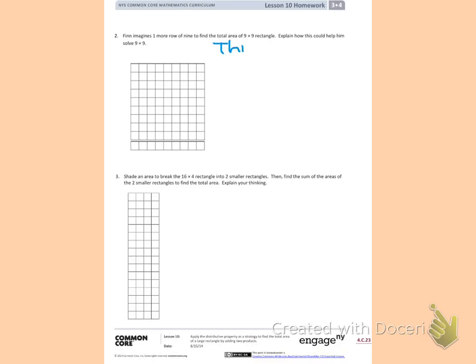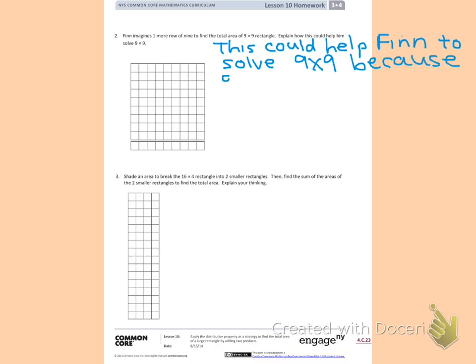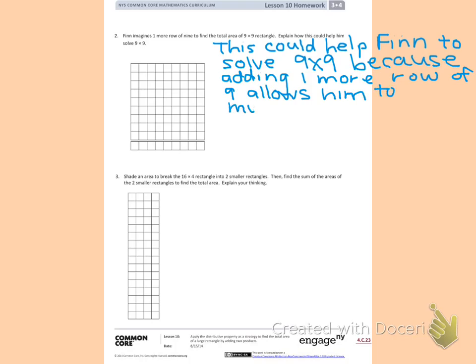So, this could help Finn to solve 9 times 9 because adding one more row of 9 allows him to multiply by 10 instead of 9.